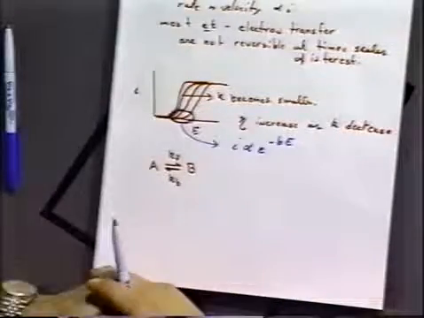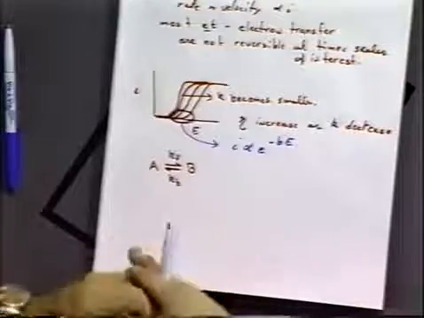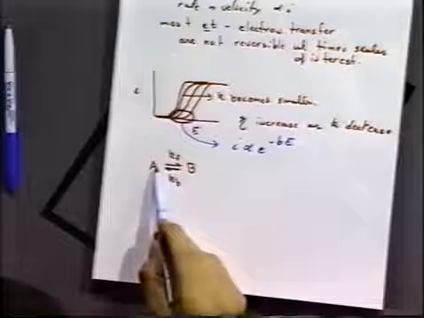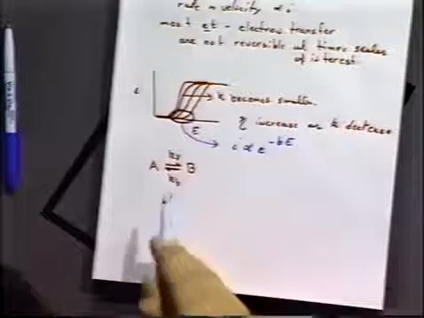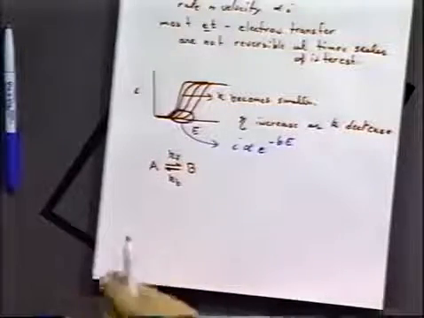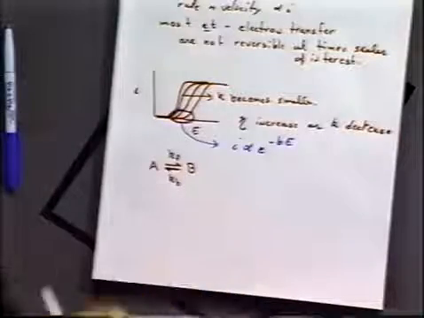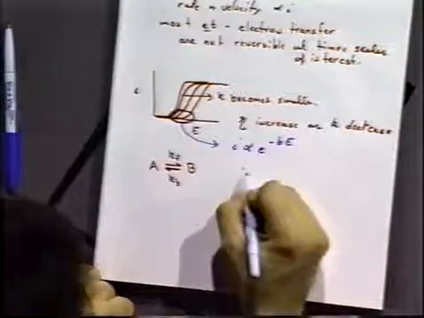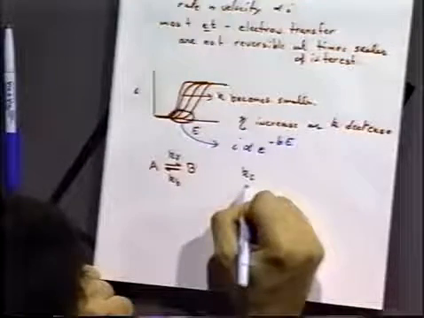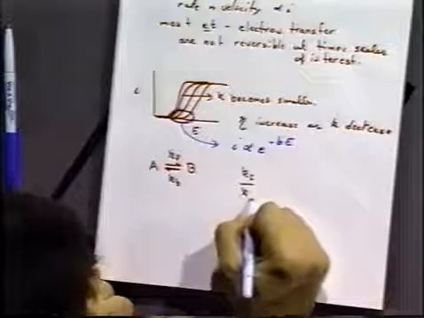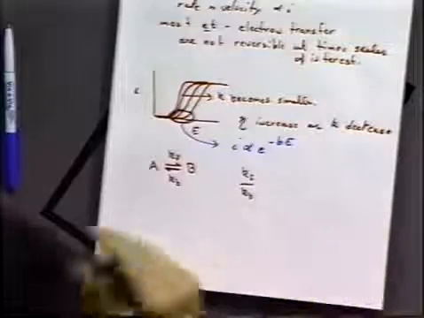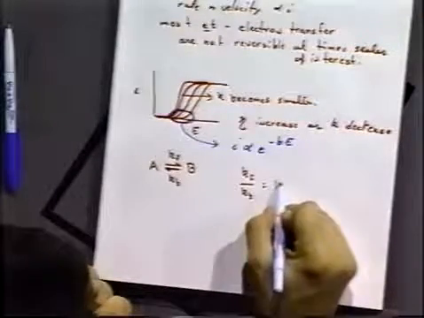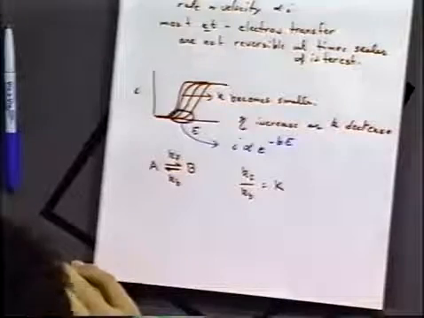One rate would be characterized by a rate constant we'll call K sub F, which is the rate of conversion of A to B. And then there's a back rate, K sub B, which is the rate of conversion from B to A. And what we've probably learned from other chemistry courses is that the ratio K_F over K_B of those two rate constants is equal to the equilibrium constant.